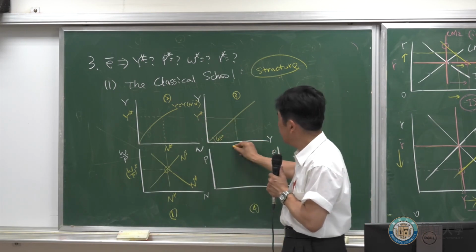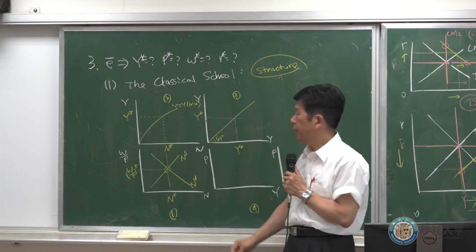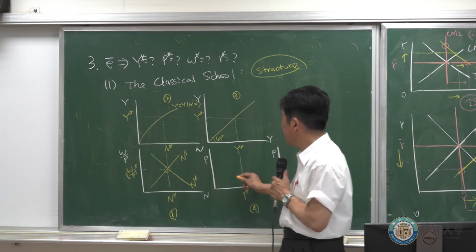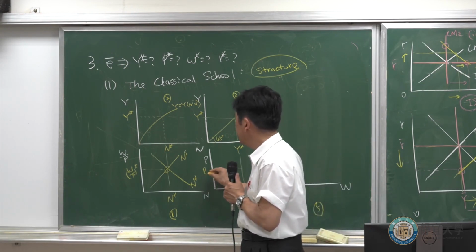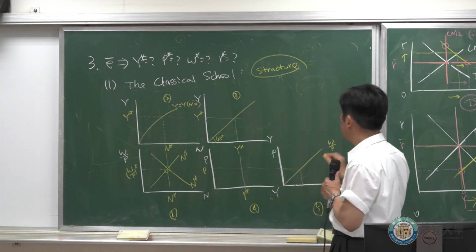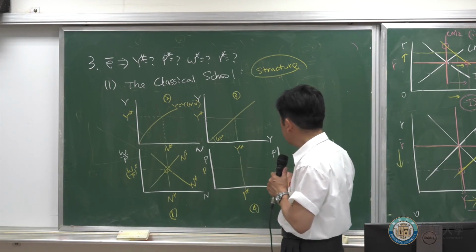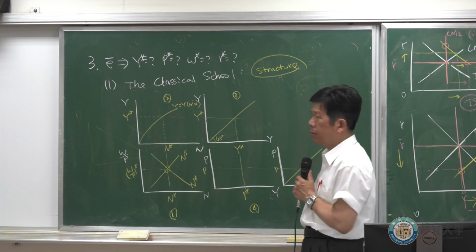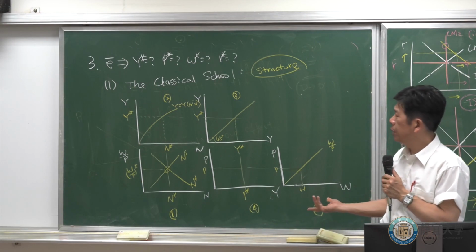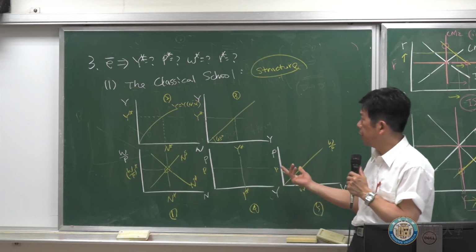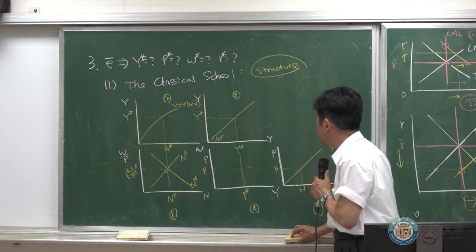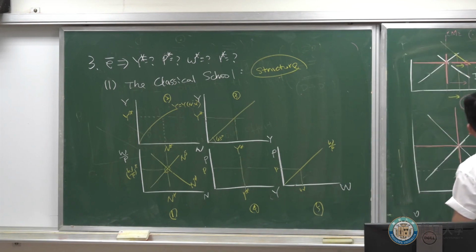So they just transfer from here, this is Y star, and after that you can see this is Y star. And after that, you can see this is P, and you can also look at the real wage. So you can see this P, this is W. So in the classical school, you need to remember the different story. Here, we just try to show you some visual.